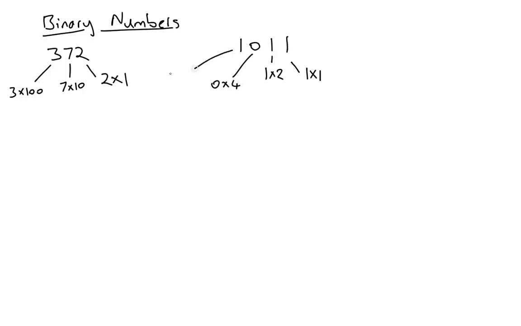And here we've got 1 times 2 times 2 times 2, in other words, 1 times 8. So altogether the number is going to be, in decimal, 8 plus 4, no, not 4 because we've got no 4s, 8 plus 2 plus 1, which is 11. So this is 11 in binary.